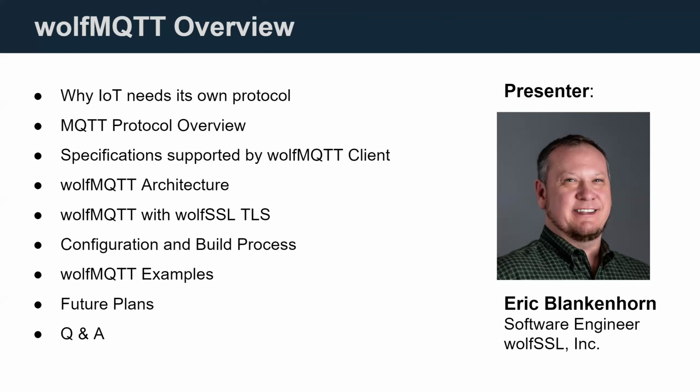That leads us to talk about the many rich client examples available alongside the core library. Next, we can look at some of the ideas we have for the roadmap of wolfMQTT. And lastly, we'll answer any questions that you might have about the protocol or wolfMQTT specifically.